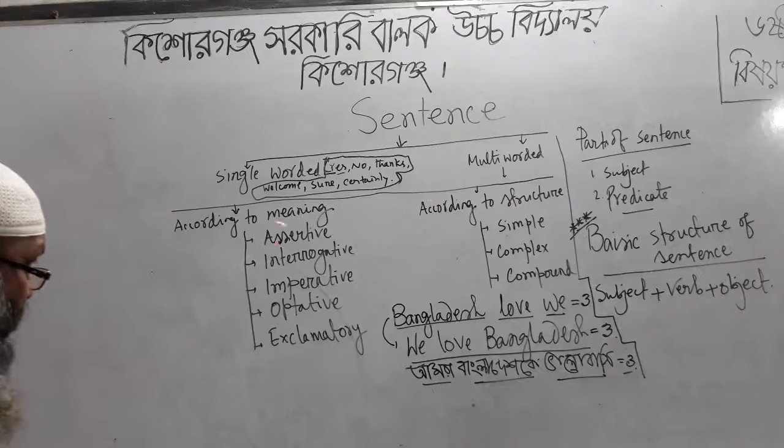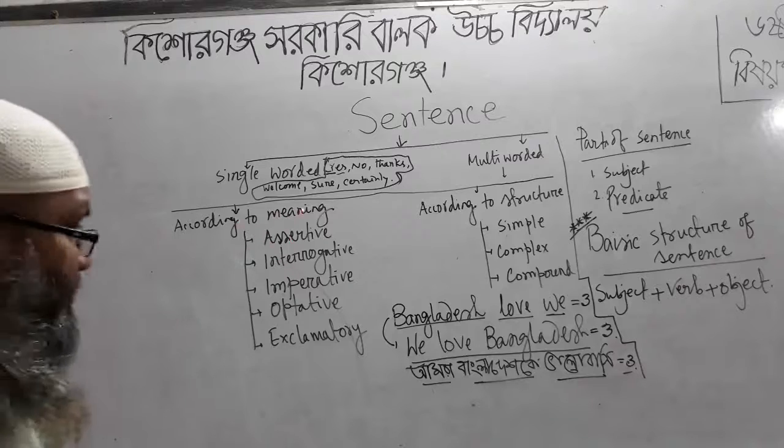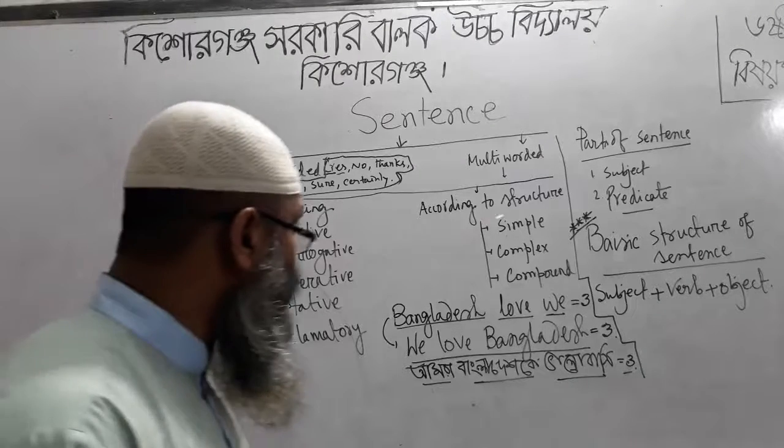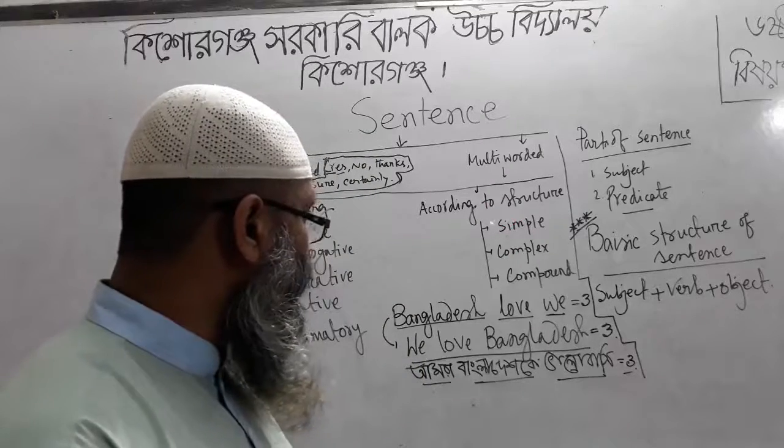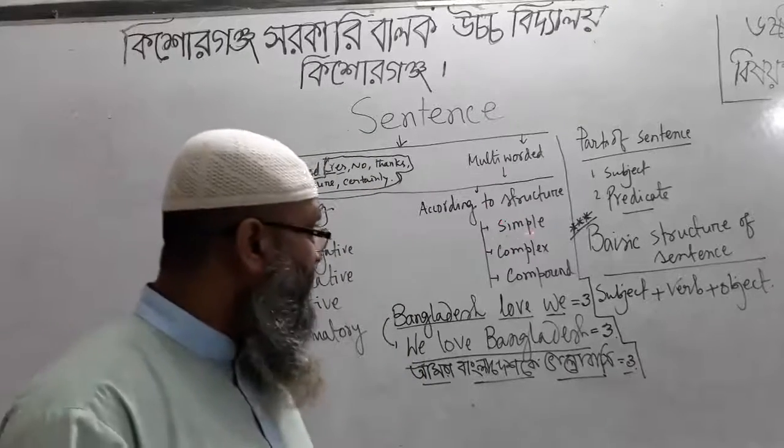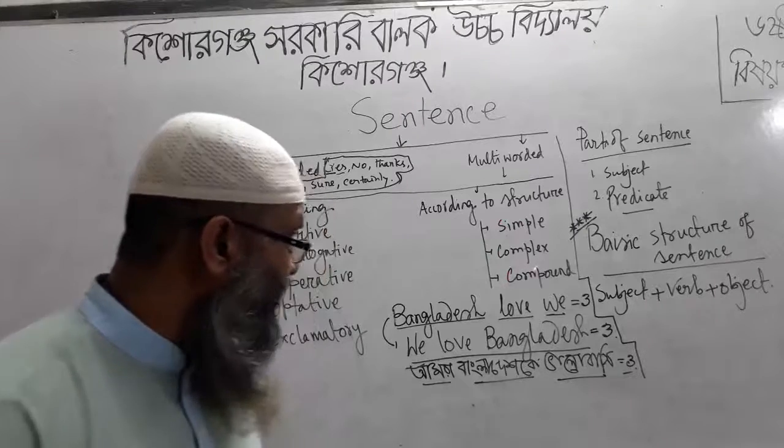According to meaning, a sentence is divided into 5 types, and they are assertive, interrogative, imperative, optative, and exclamatory. Those are the kinds of sentences according to meaning. And according to structure, there are 3 types of sentences: simple sentence, complex sentence, and compound sentence.